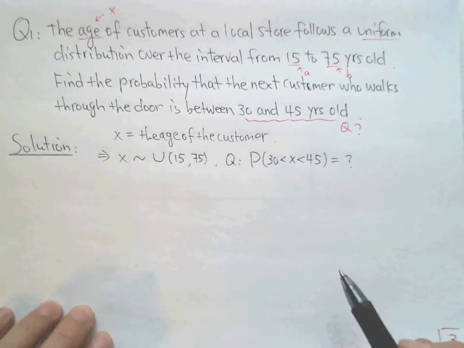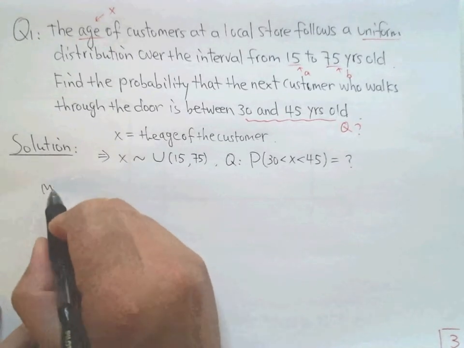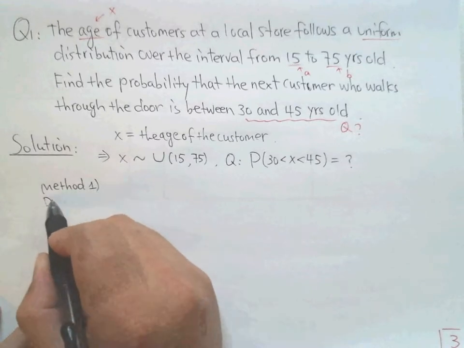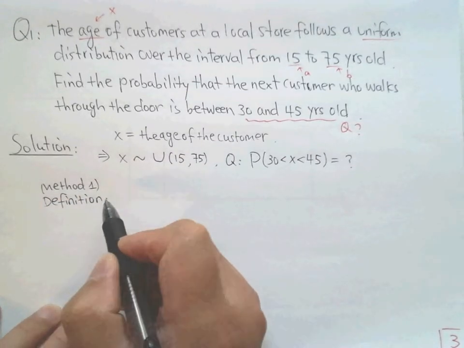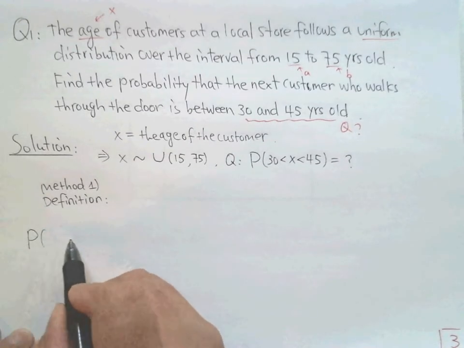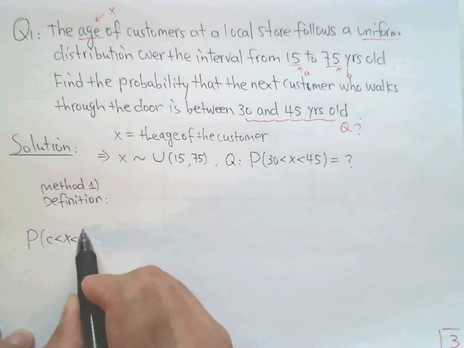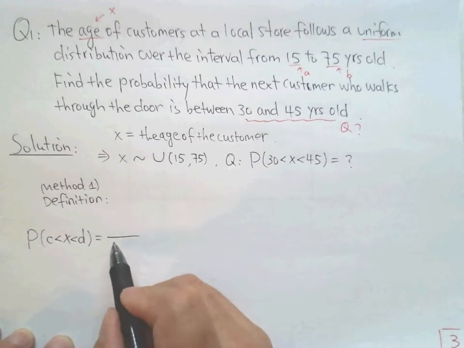We are going to use the definition first. So I'm going to method 1, the definition. Remember we have a formula. Do you remember the formula? The probability of X between C and D. Remember that formula is a fraction, right?